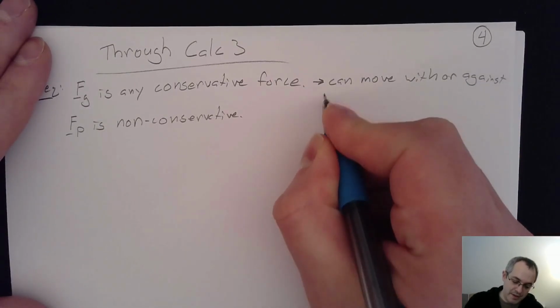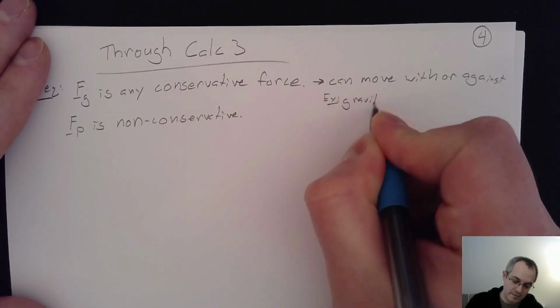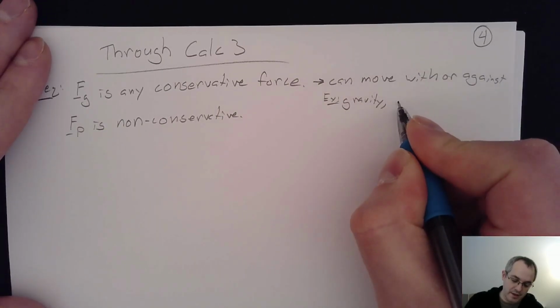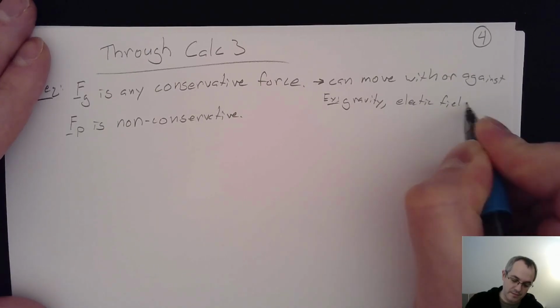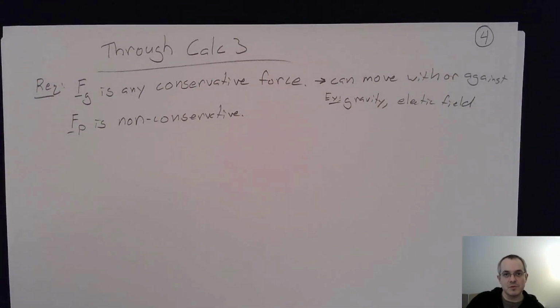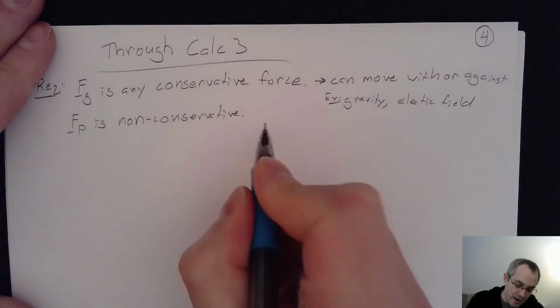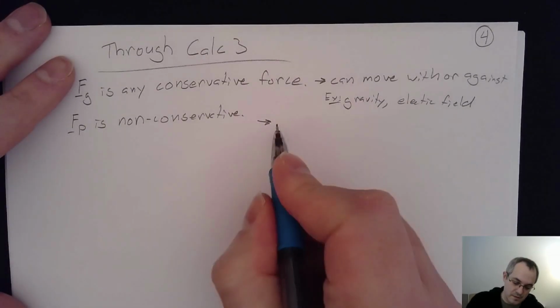So it's going to be things like gravity. It's going to be things like electric field. I know electric field is not a force, but it's also conservative because you can move with it or you can move against it. However, non-conservative would be things that you can only move against.